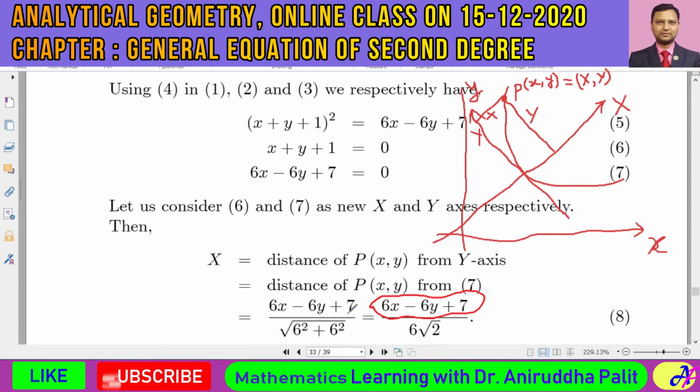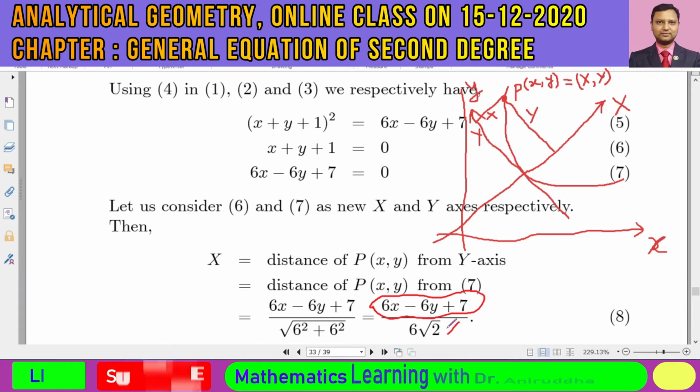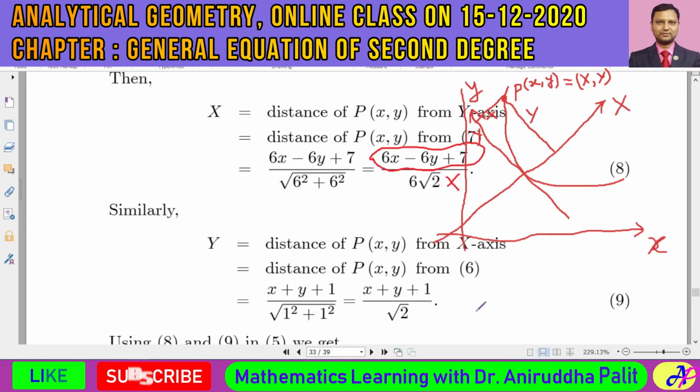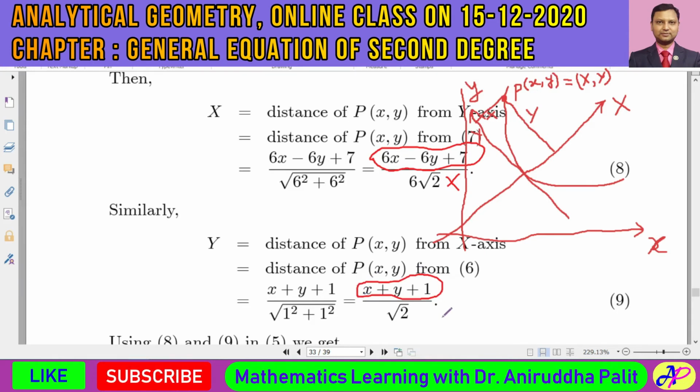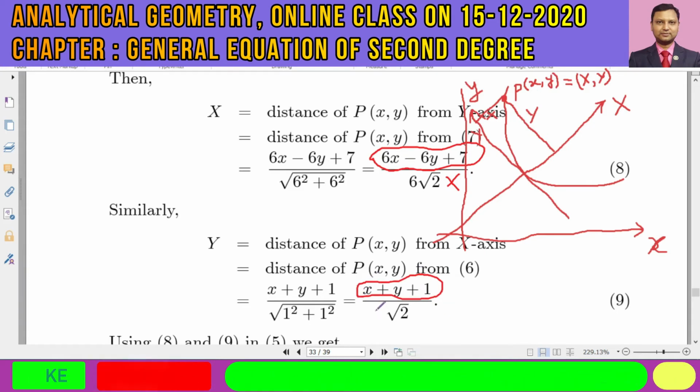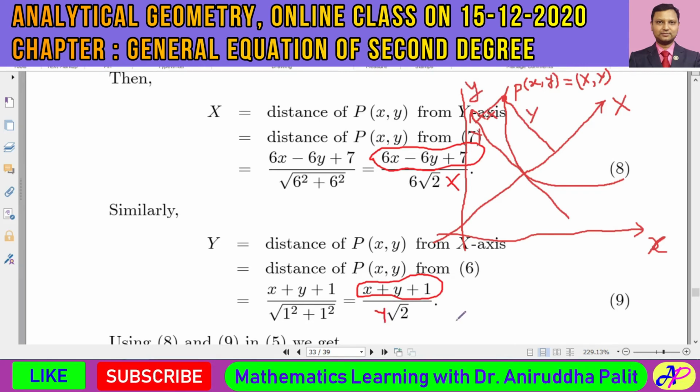So X root over of 2 would be the expression of this numerator quantity. Similarly over here, if you consider this expression x plus y plus 1, this x plus y plus 1 would be equal to Y root over of 2.